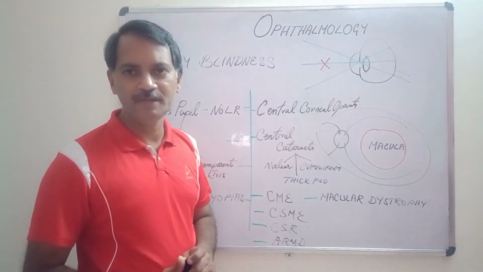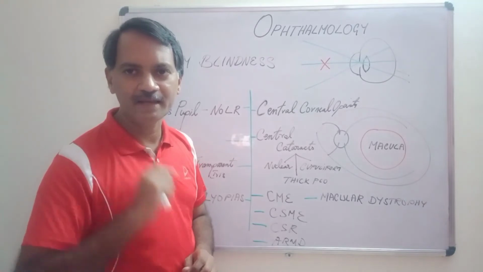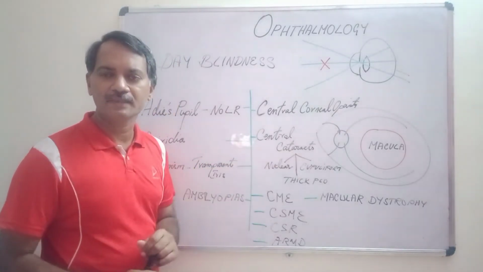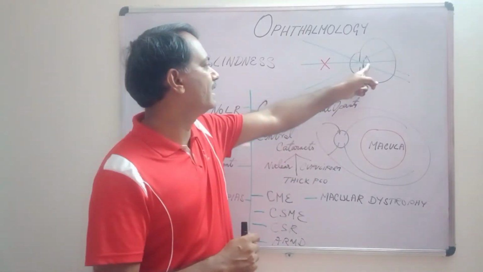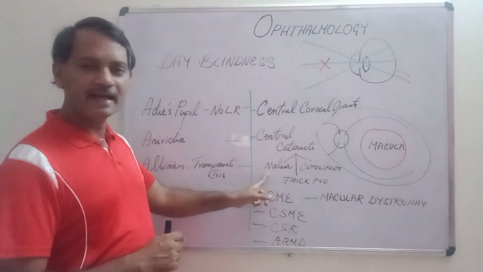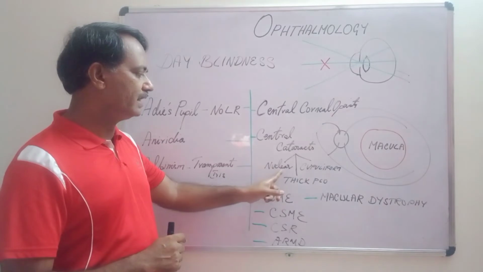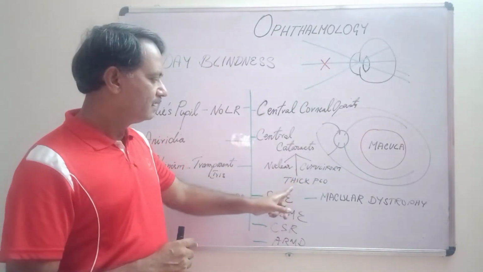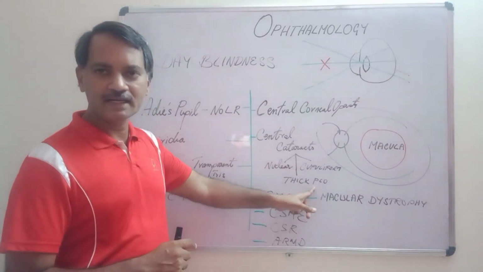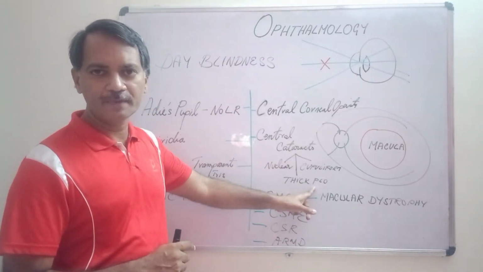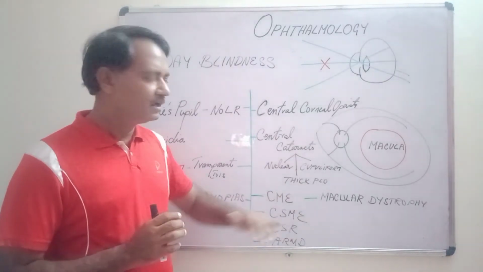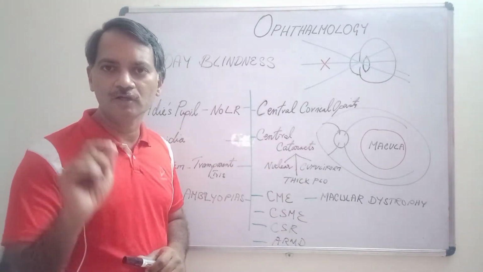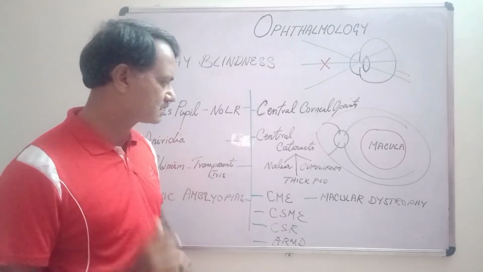So that is going to be affected, leading to day blindness. A patient having a central cataract in the center of the lens: nuclear cataract, cupuliform cataract, thick after-cataract, posterior capsular opacification. All these conditions will block the light rays falling on the macula, leading to day blindness.